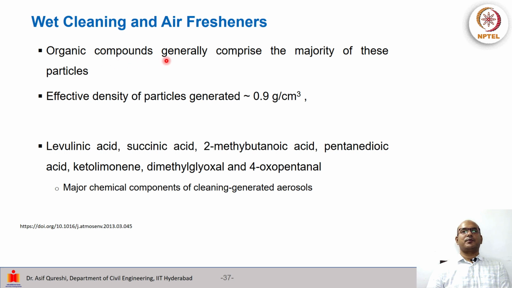So organic compounds will comprise the majority of such particles. The effective density is around 0.9 gram per cubic centimeter. And then we have some major chemical components of cleaning generated aerosols such as levulinic acid, succinic acid, 2-methyl butanoic acid, pentanedioic acid, ketolimonene, dimethyl glyoxal and 4-hydroxypentanol.